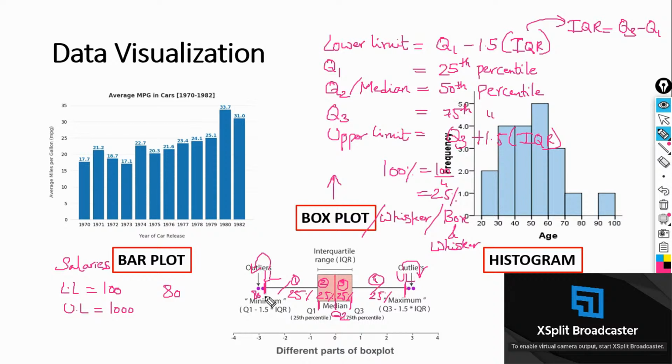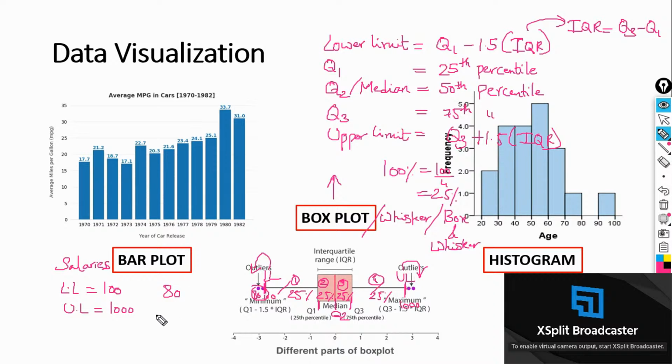This is 100, right? So I'm not between 100 and 1000. I'm behind 100, so I'll be an outlier in this case. I'm less than the lower limit. That is the reason I'll be an outlier in the organization.